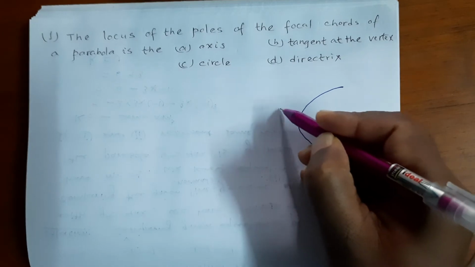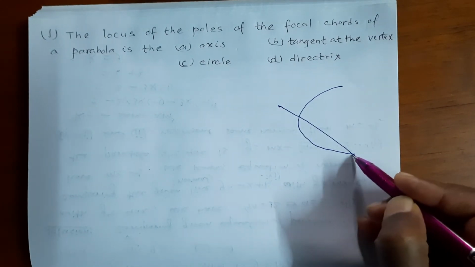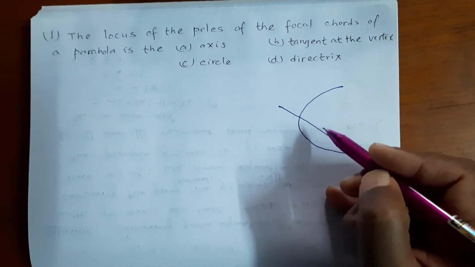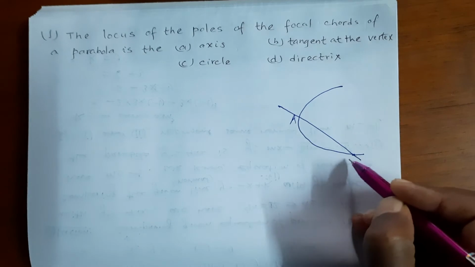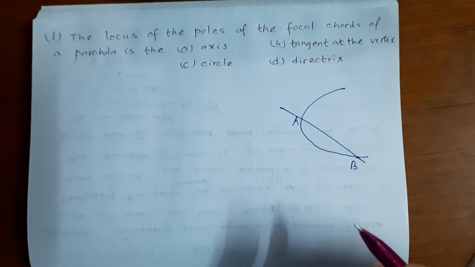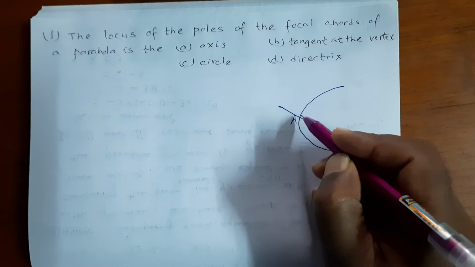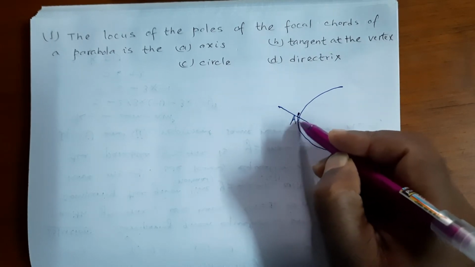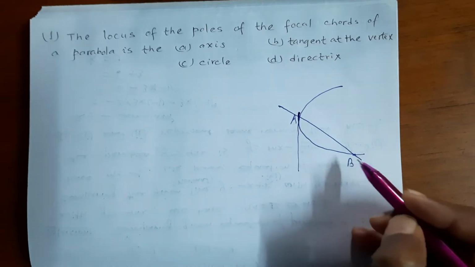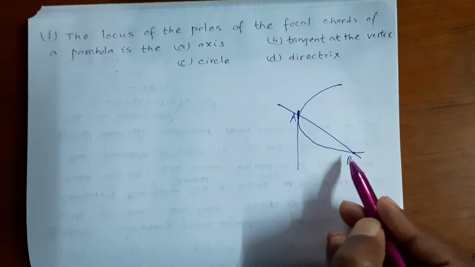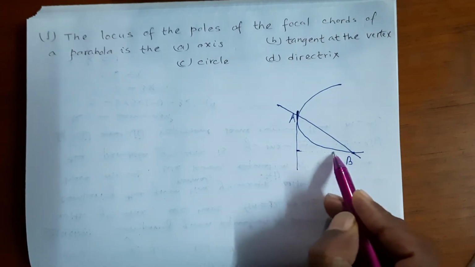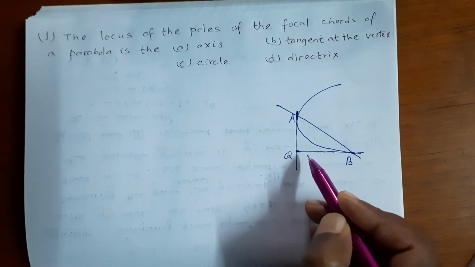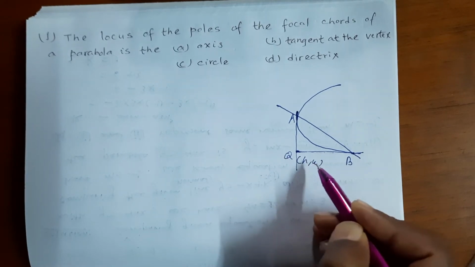parabola, and here is A point and here is B point, and tangent at A and tangent at B meet at the point Q, as we suppose.